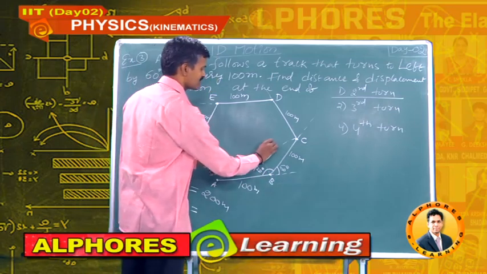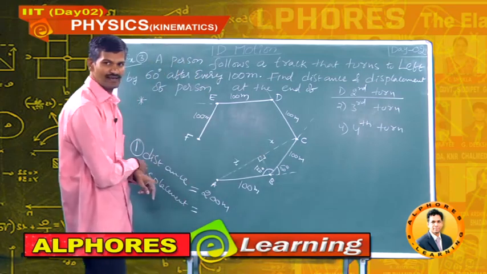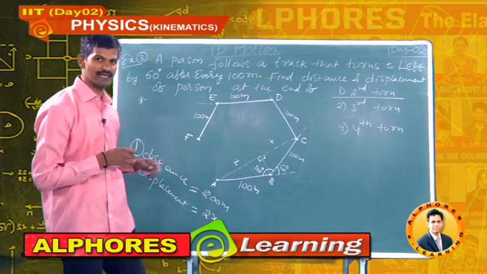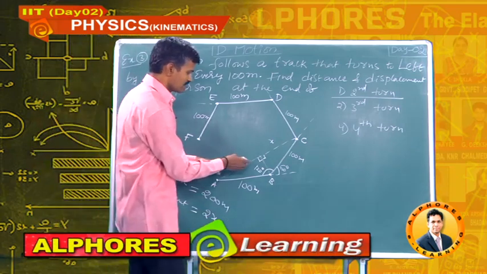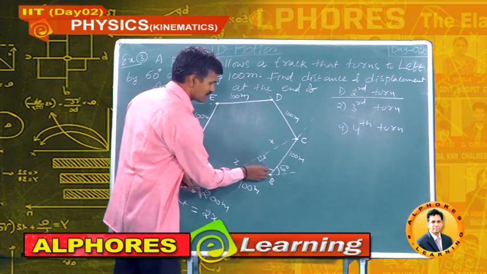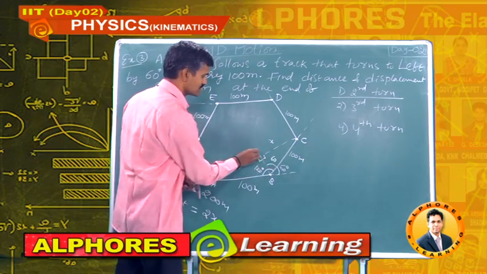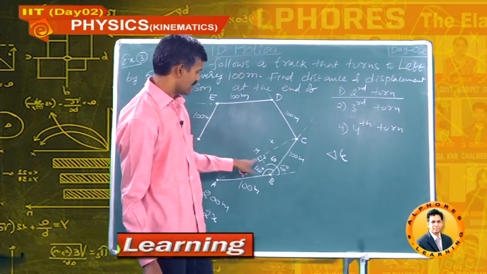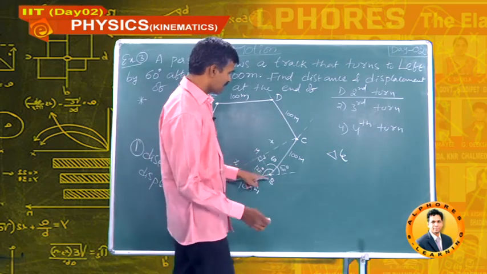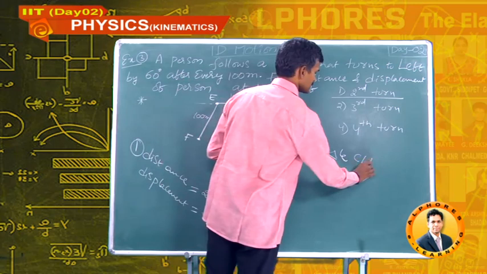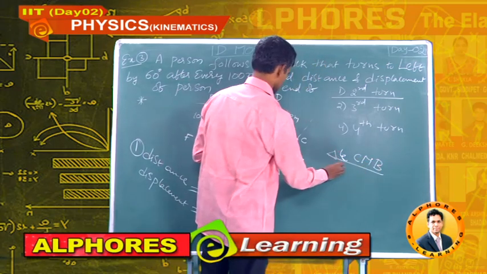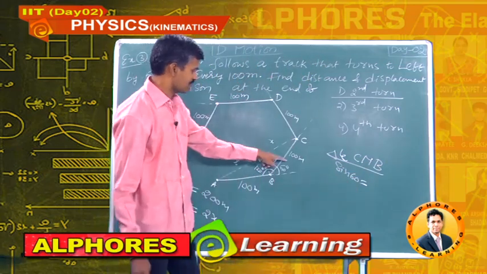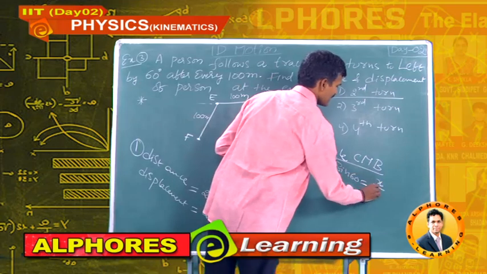If this is x and this is also x, why? Because it is also a right angle triangle. So displacement is simply 2x. By taking sine, this angle is 60 degrees. This is some M. If you consider triangle CMB, sine 60 is nothing but x by hypotenuse, that is x by 100.